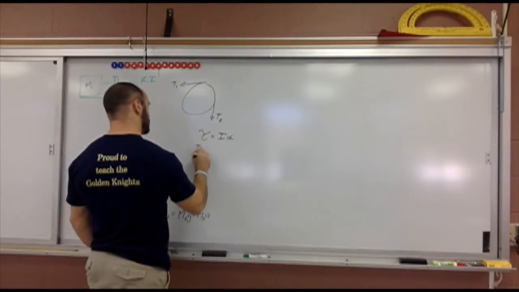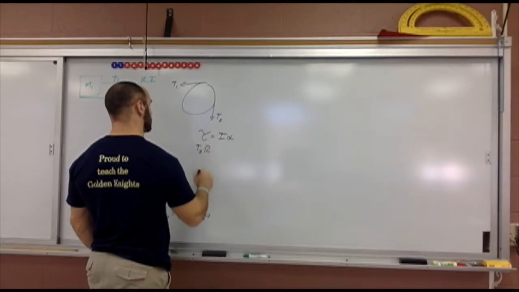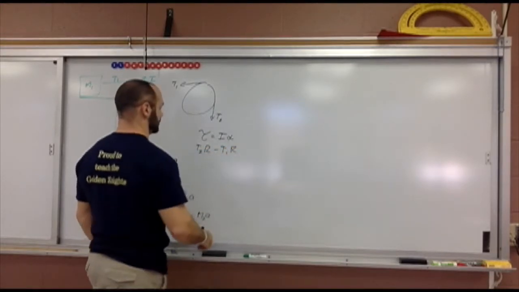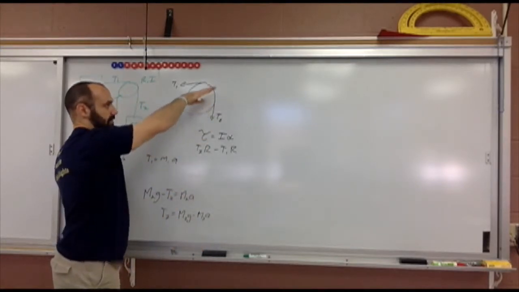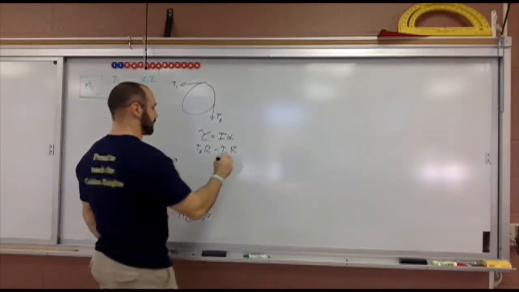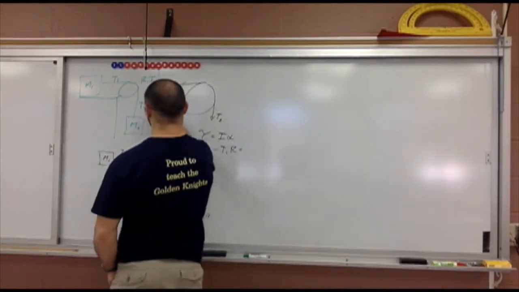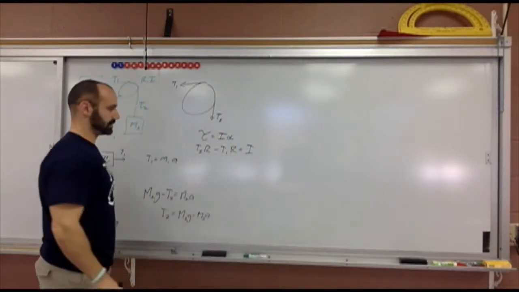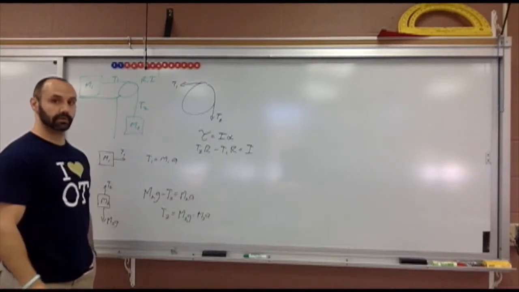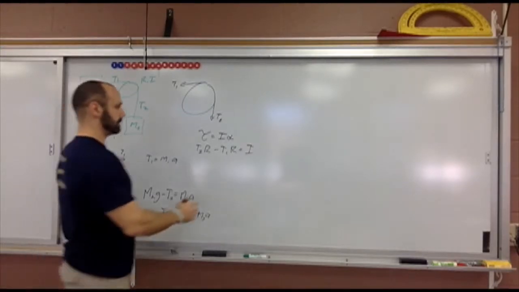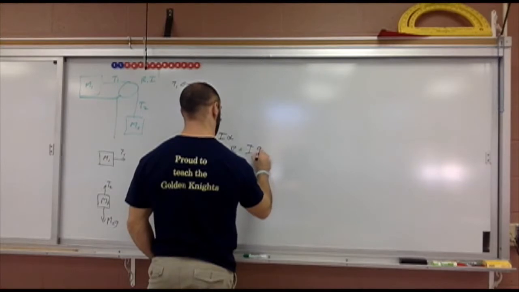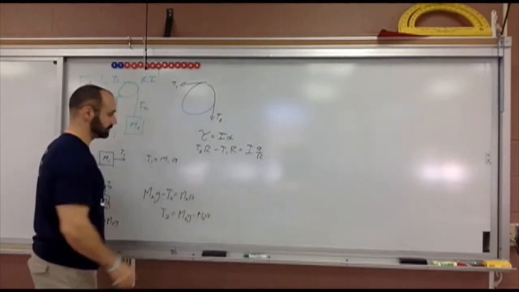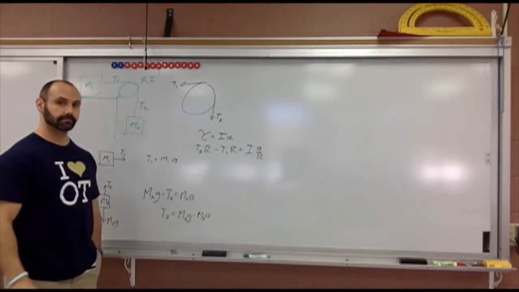So I'm going to say T2R minus T1R. Those are the torques. This is the force times the radius. Equals I, and then alpha is A over R, that same acceleration that we have in those.